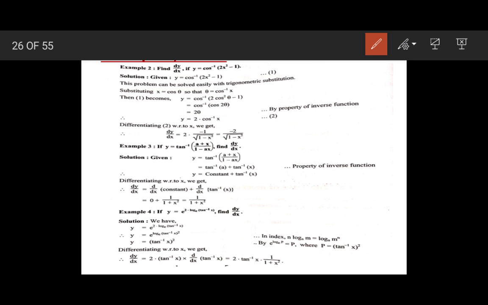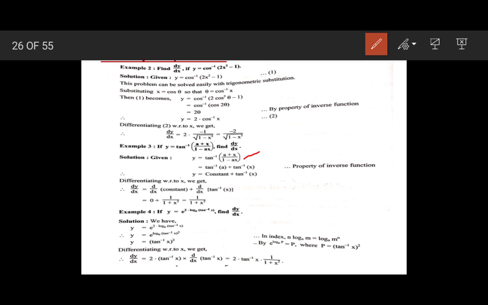Now let us see the second example. y is equal to tan inverse of (a plus x) upon (1 minus ax). We have to find dy upon dx. Now y is given as tan inverse (a plus x) upon (1 minus ax), right?